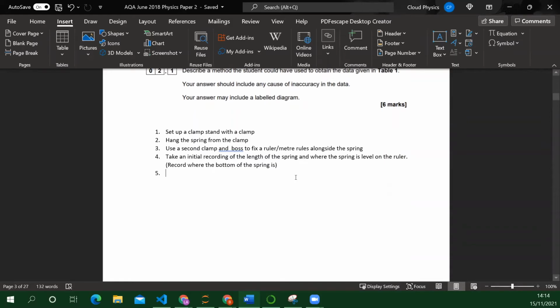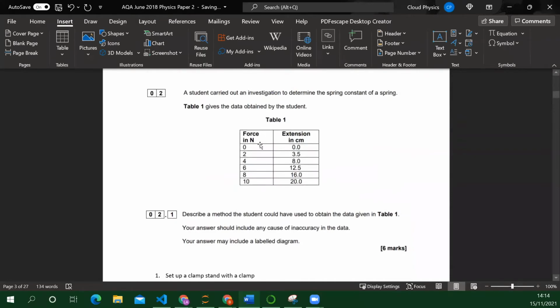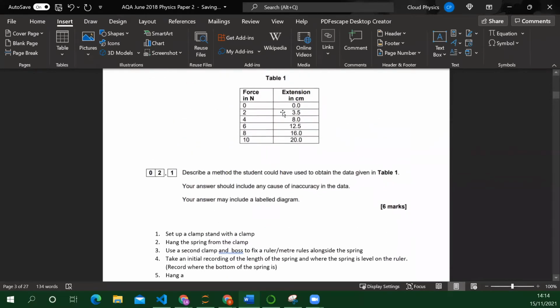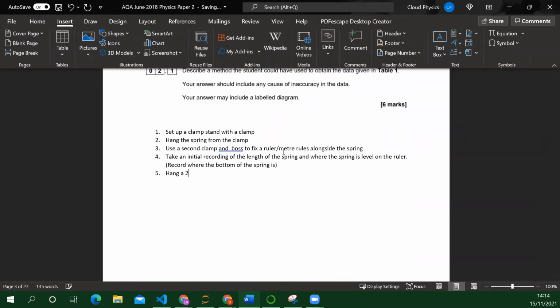Then you hang a mass. The initial reading is 0 and the extension, because it hasn't stretched, is 0. It's not like a 0 centimeter spring with no dimensions, it's just extension. At 0, with no weights on it, the extension will be 0. They started with 2 newtons. So hang a 2 newton weight from the bottom of the spring. Might have a hanger, could be a mass hanger.